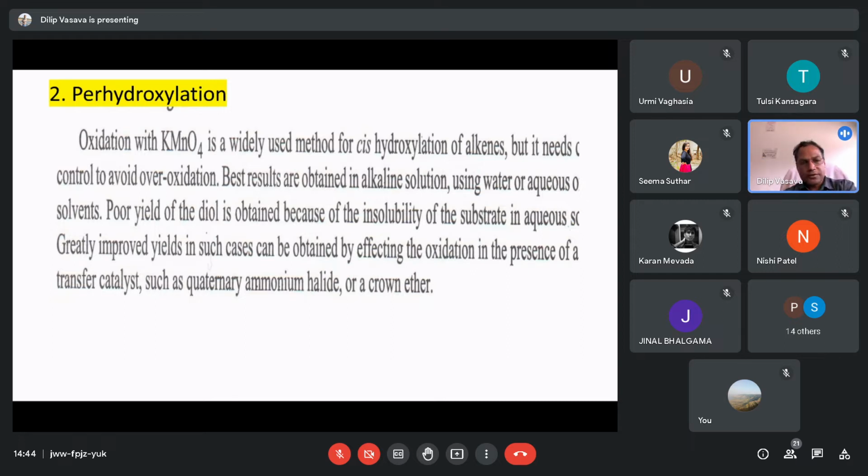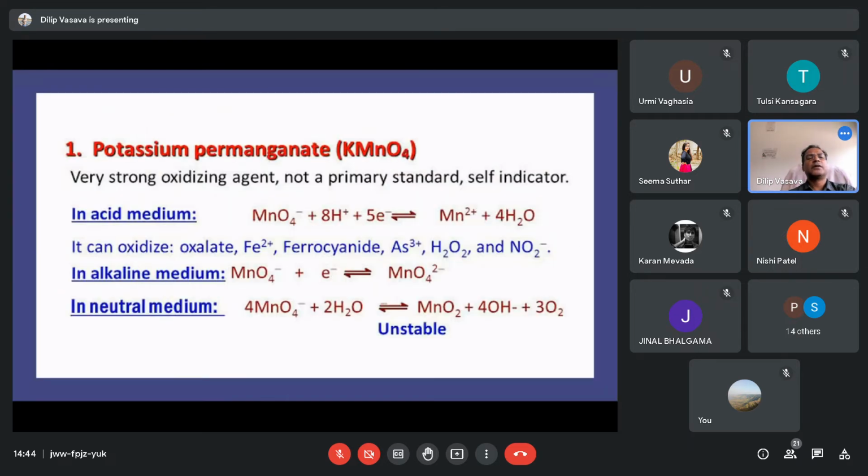Now perhydroxylation. You are familiar with perhydroxylation using KMnO4. KMnO4 is utilized as a strong oxidizing agent. KMnO4 is not a primary standard, and it is utilized as a self indicator.